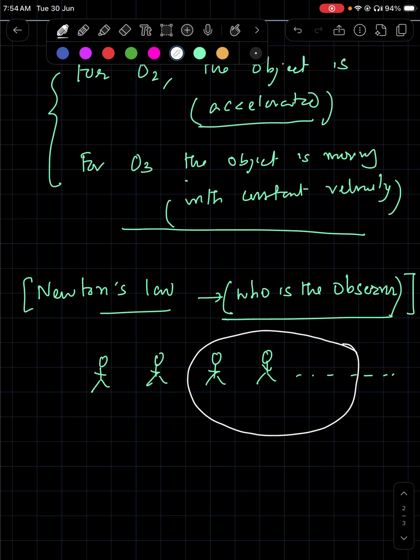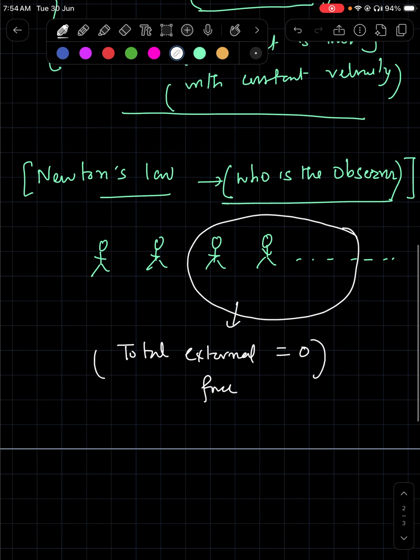Suppose it is a set of observers. You will pick those observers from the set who will tell that if the total external force is equal to zero, that means the state of the motion is unchanged.